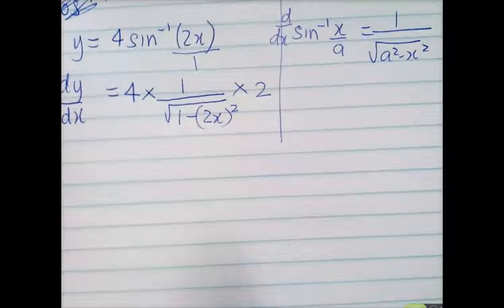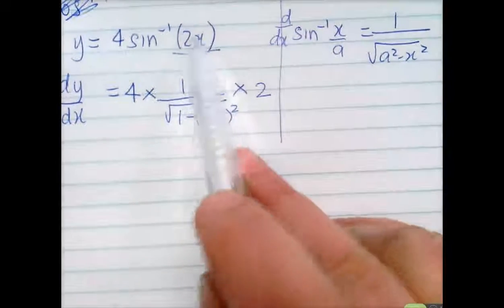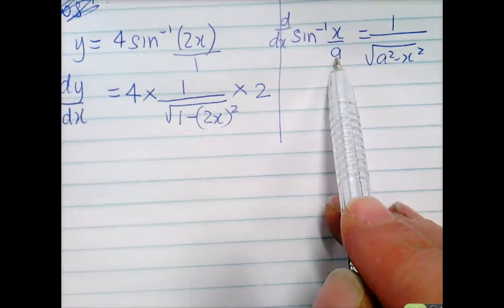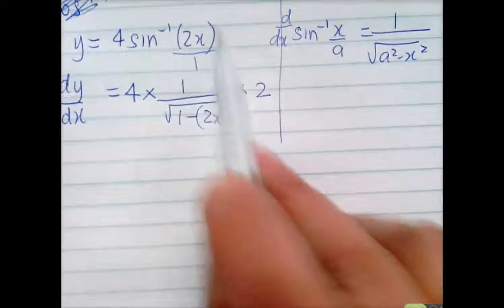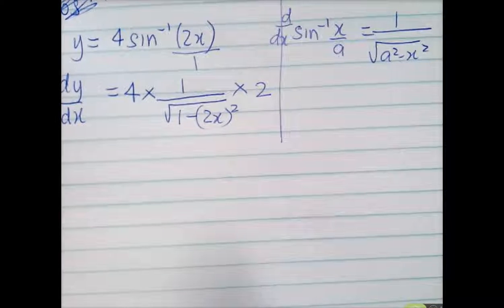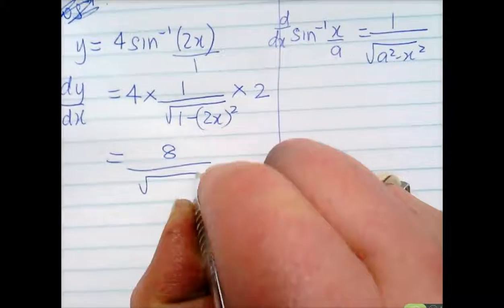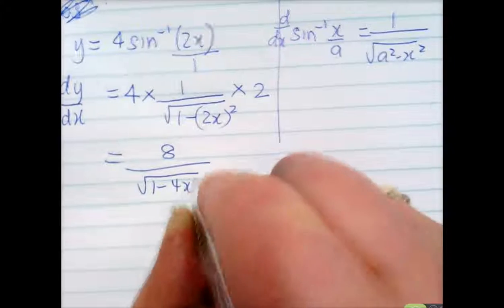I will do it with the formula in a minute, and you've got to decide. See, if I'm doing it this way, I'm doing 2x over 1. My A is a 1. Is A always 1? If I'm going to treat it like that, yes. Yeah. All right, we'll look at some other examples. Now, 4 times 2 is 8, so I've got 8 over the square root of 1 minus 4x squared.